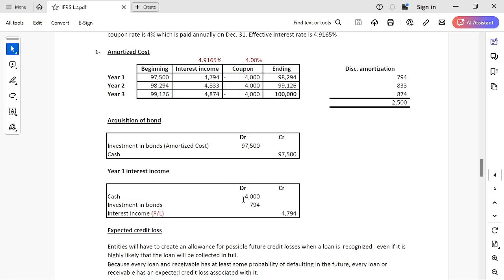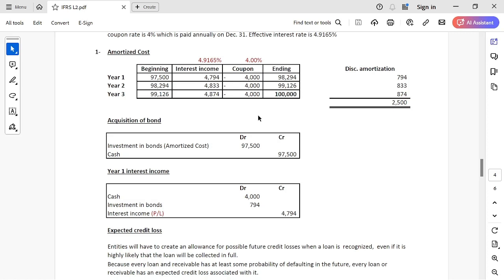So debit cash of 4,000, and we have to credit interest income based on the effective interest rate, not what we receive. So we're crediting interest income, which goes to profit or loss, at 4,794. Sure, the entry doesn't balance. We need another debit. This debit is the discount amortization of 794, which increases the investment till it should reach 100,000 at maturity.